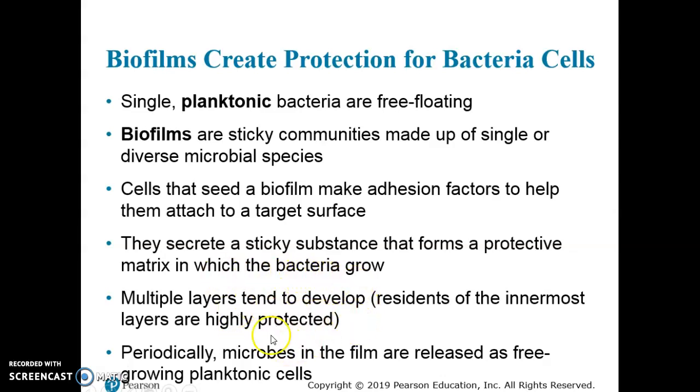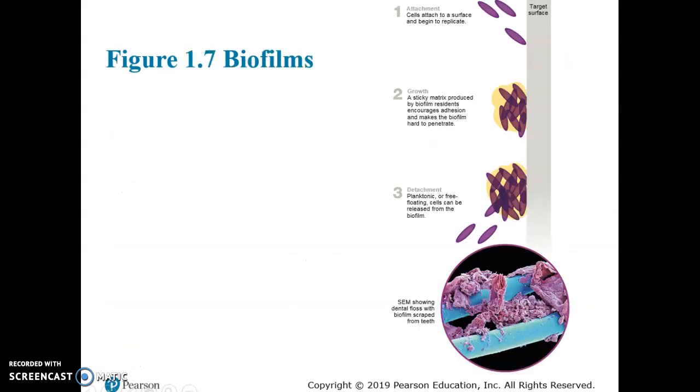And then you have multiple layers of this occurring all the time. And in the end, the bacteria within all of these different layers are protected. And so then it's hard to get rid of them. All right, and sometimes microbes in the biofilm are going to be released as free-growing planktonic cells.